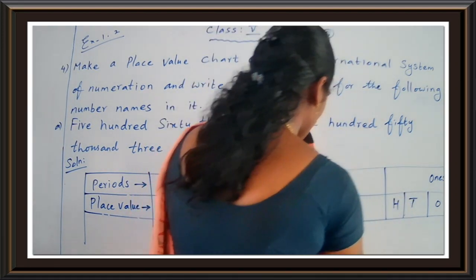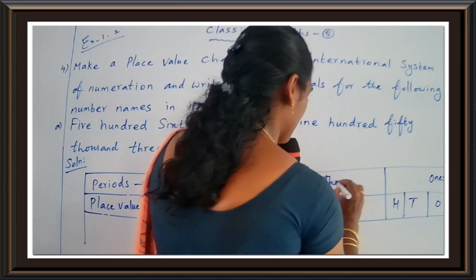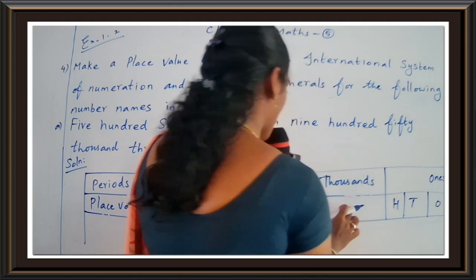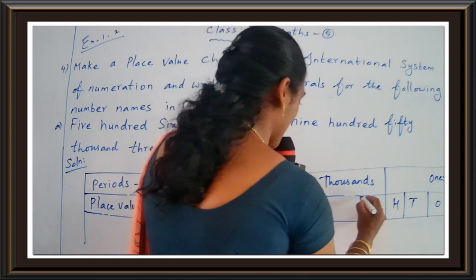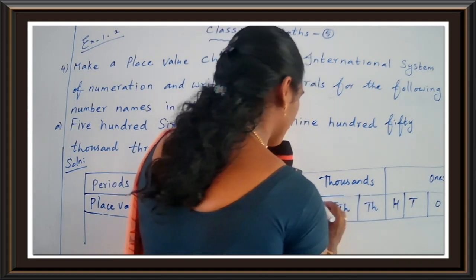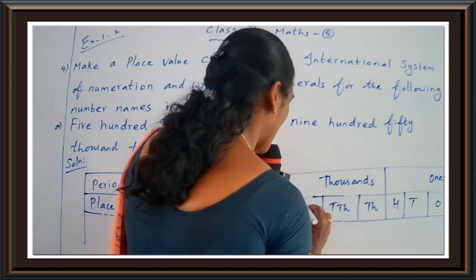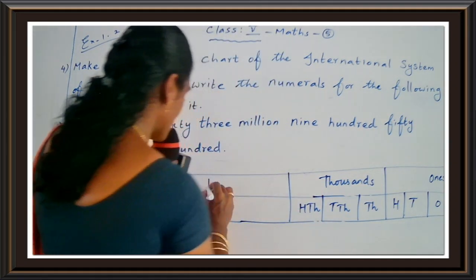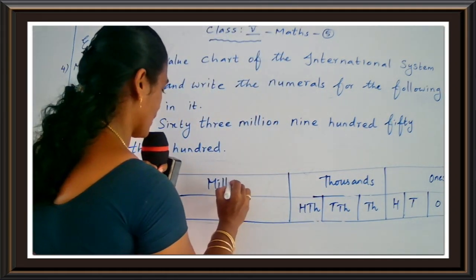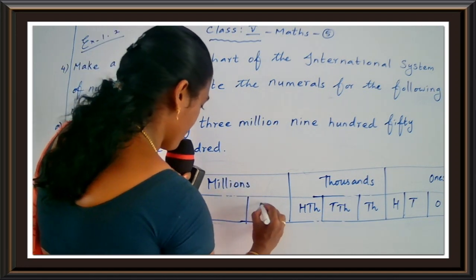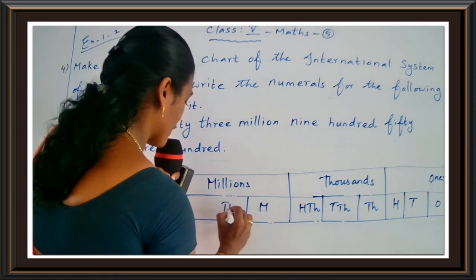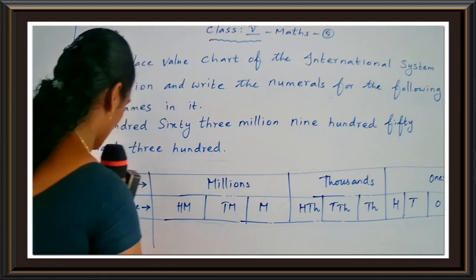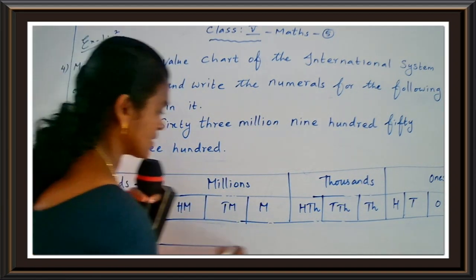Next is thousands period. Thousands period consists of three places, that is 1,000, 10,000, 100,000. Next is millions period. That consists of million, ten million, hundred million.